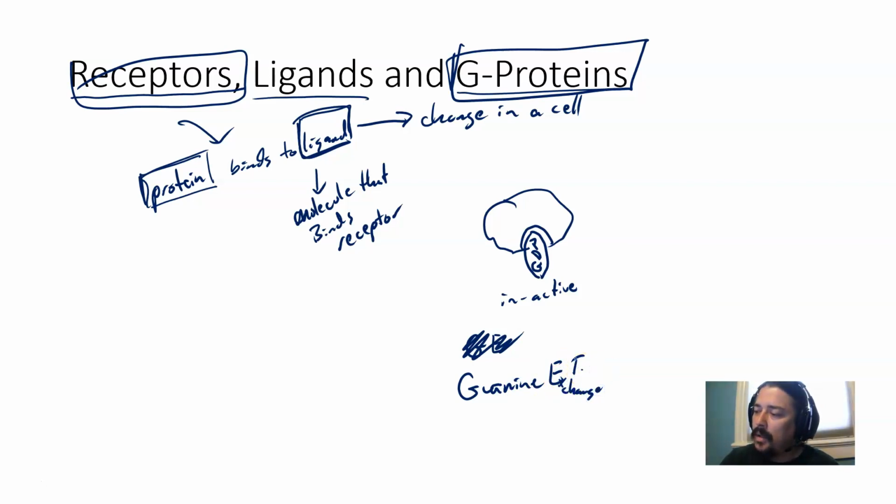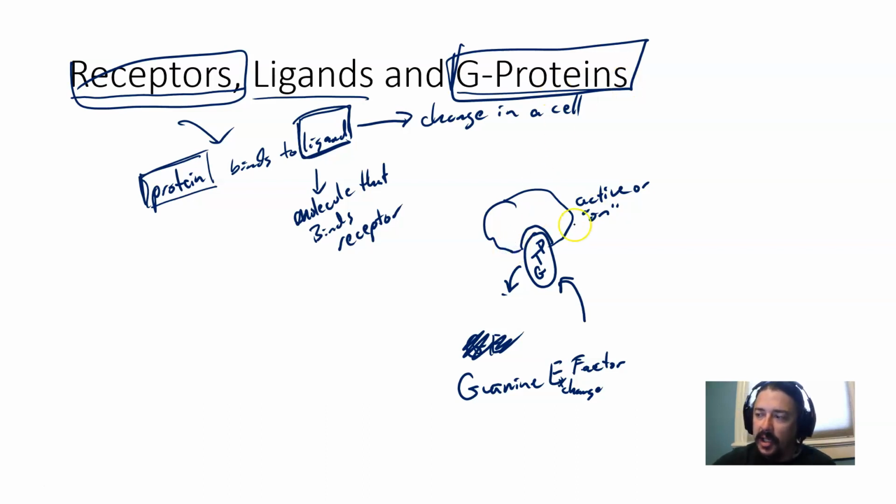These guanine exchange factors swap the GDP out, right? So the GDP leaves this binding site, and then it brings in a guanine triphosphate. So GDP for a GTP, and now this protein is considered active, or on.